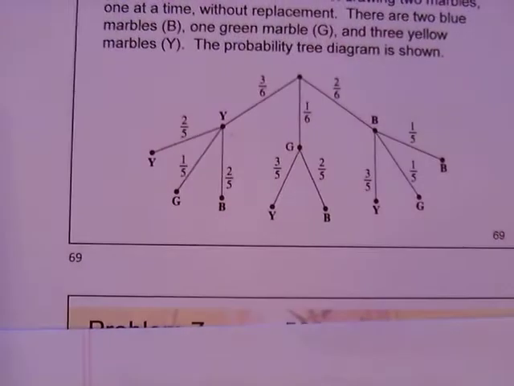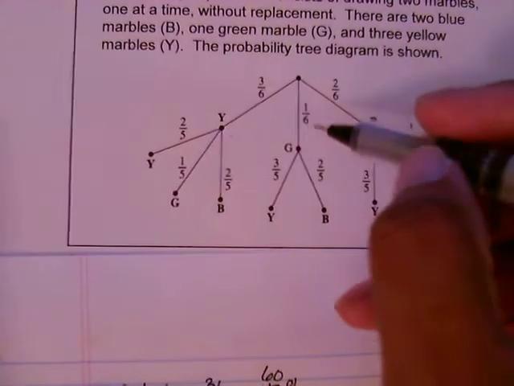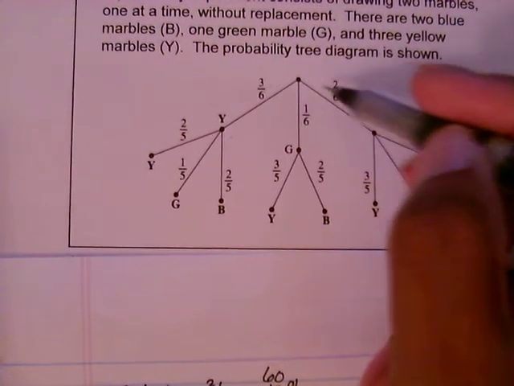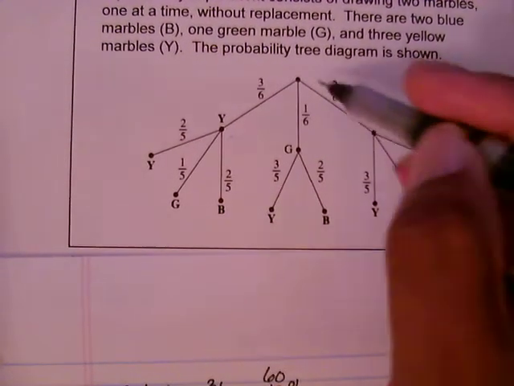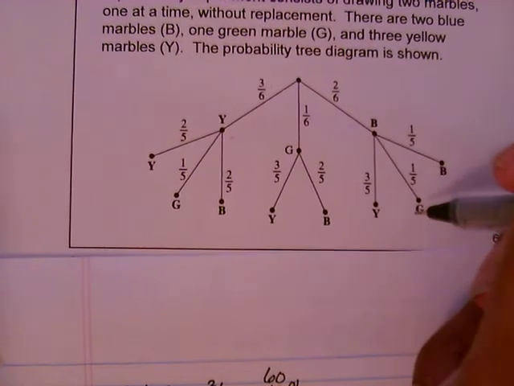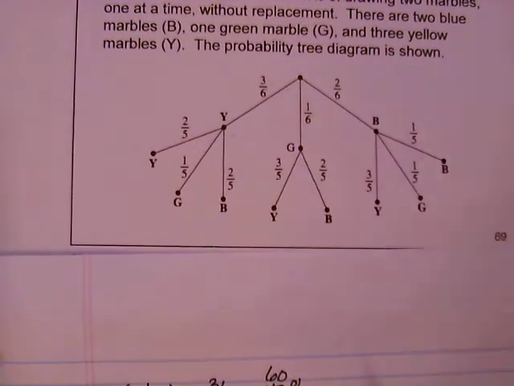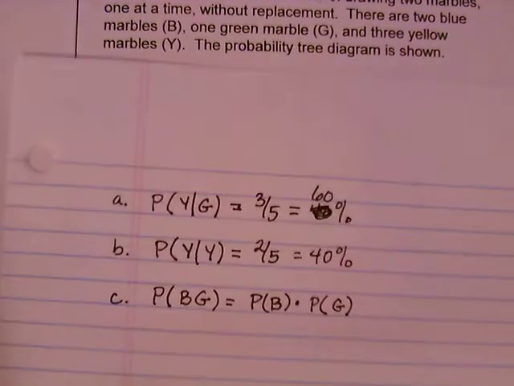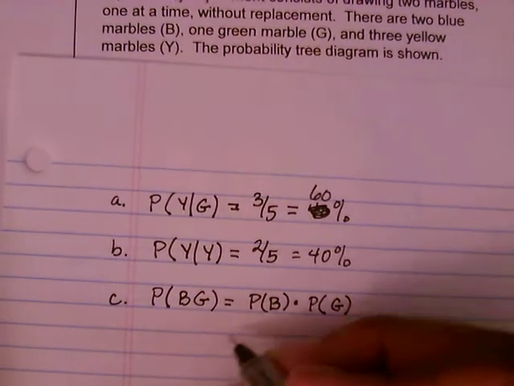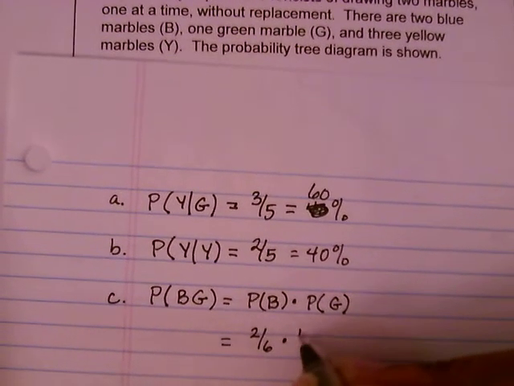In this case, let's find blue. That's this right here. That's 2/6. And then the second marble is green. That's 1/5. We're going to multiply those two probabilities together. 2/6 times 1/5. So this is equal to 2/6 times 1/5.